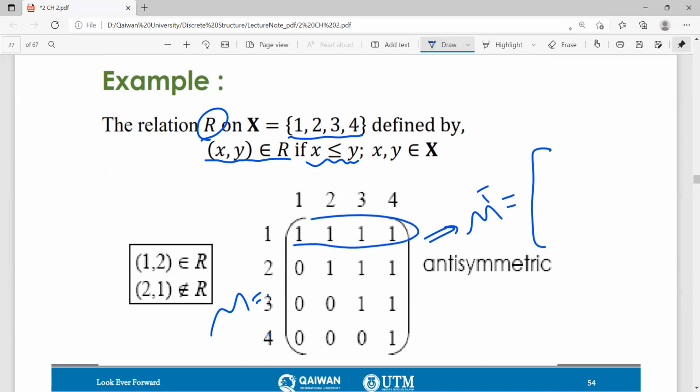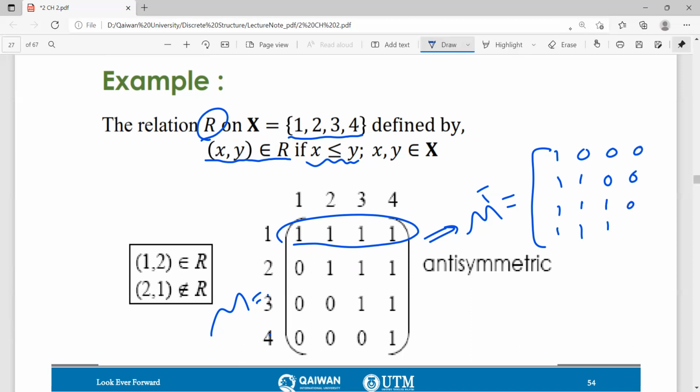The first row becomes the first column: 1, 1, 1, and 1. And the second row, which is 0 and triple ones, we make the second column: 0, 1, 1, 1. The third one: 0, 0, 1, 1.